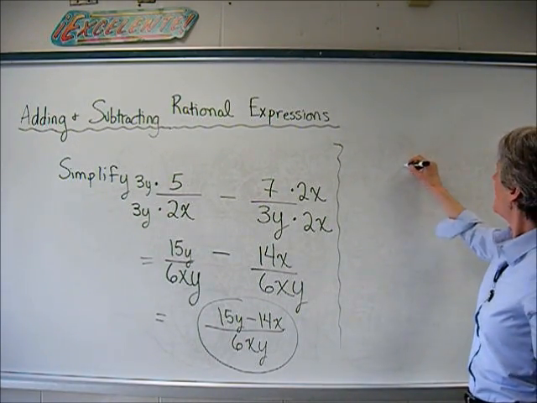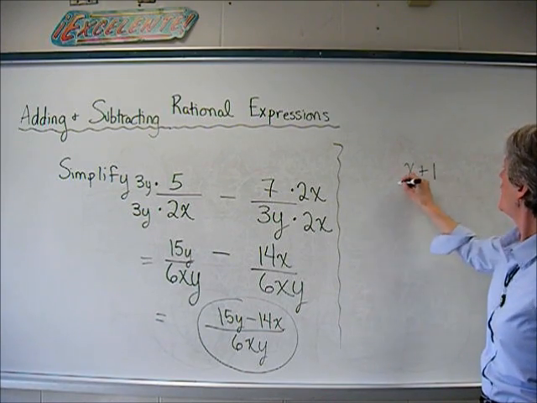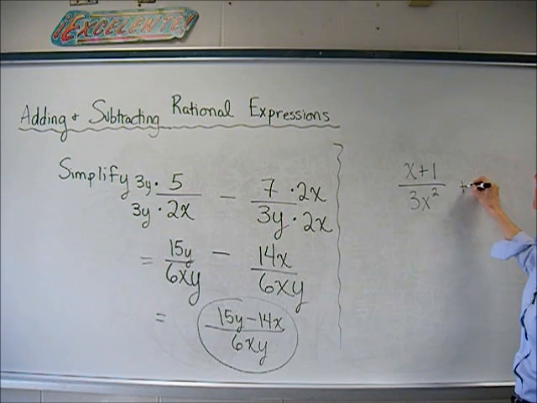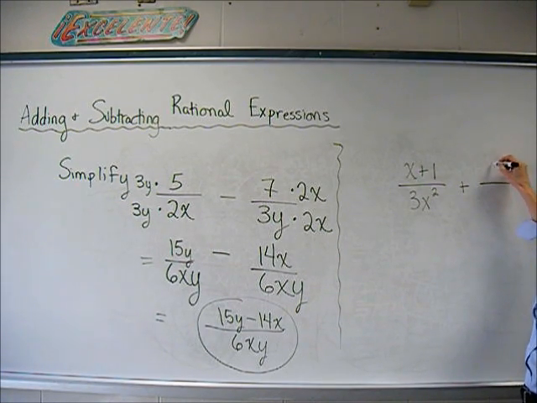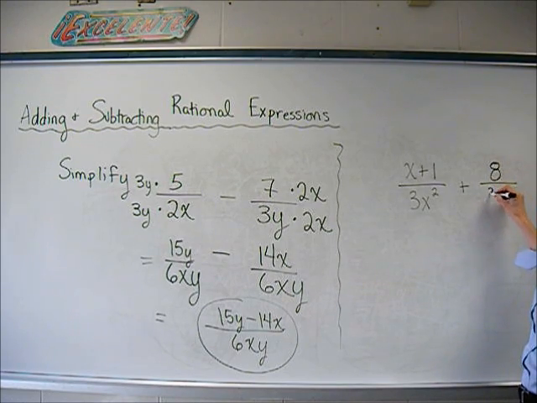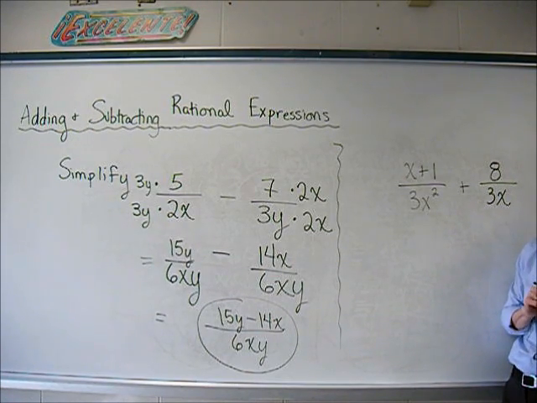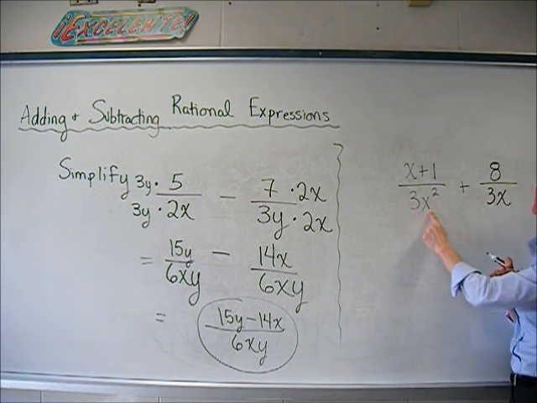Let's say I had x plus 1 over 3x squared plus 8 over 3x. All right, do those have a common denominator? Not quite. They're very close. This guy has a 3 times x times x.